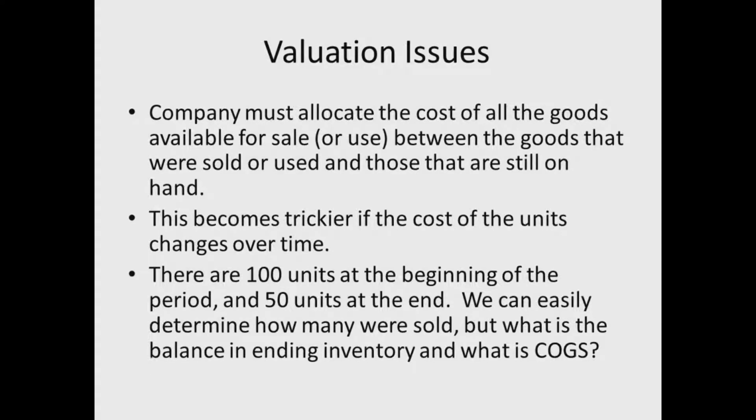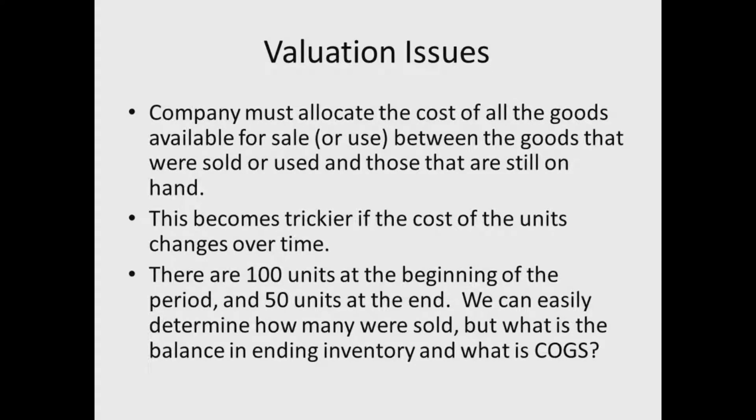Now, what happens instead if we had 100 at the beginning of the year, we bought another 100 in June, and over the entire year we sold 150 units. Did we sell the units that we had at the beginning of the year? Did we sell the units that we bought in the middle of the year, or a combination of the two?